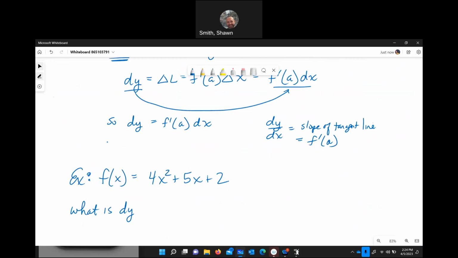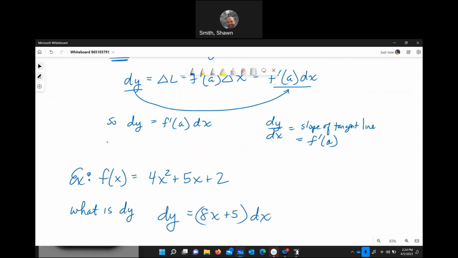You can easily just do this. dy, the change in y, will be equal to f prime, which is 8x plus 5, times the change in x, dx.